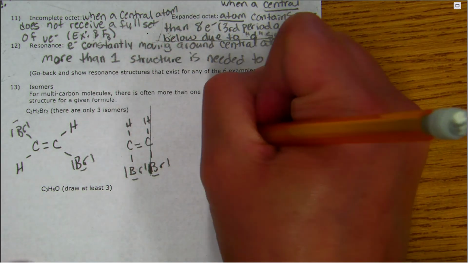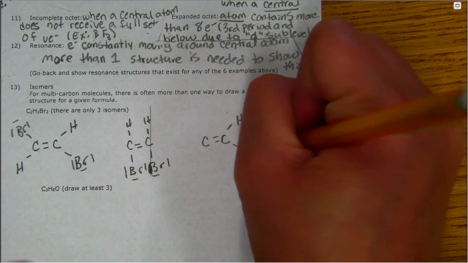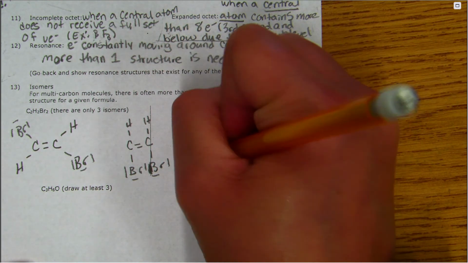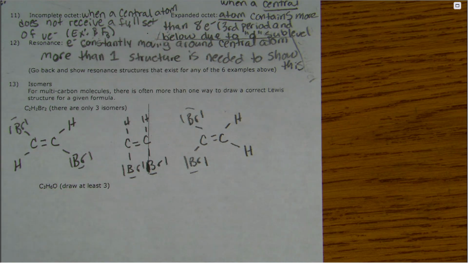Or you may have drawn it to look something like this. Okay, so here's our 3 different isomers. And let's take these isomers and let's look at them in terms of our structure.